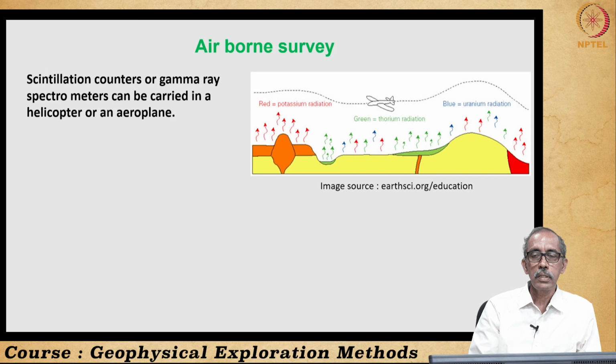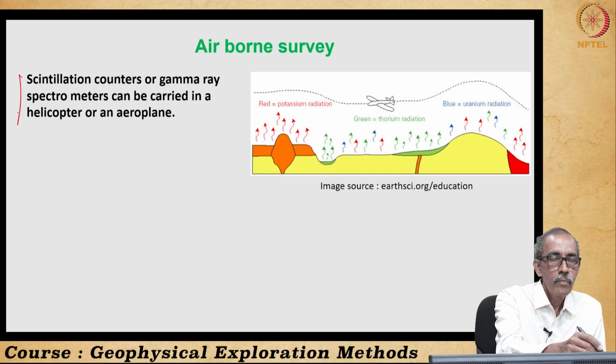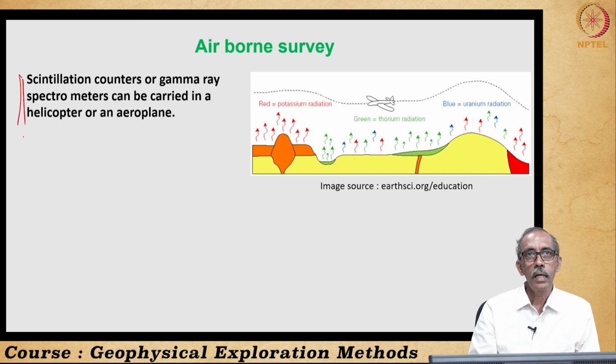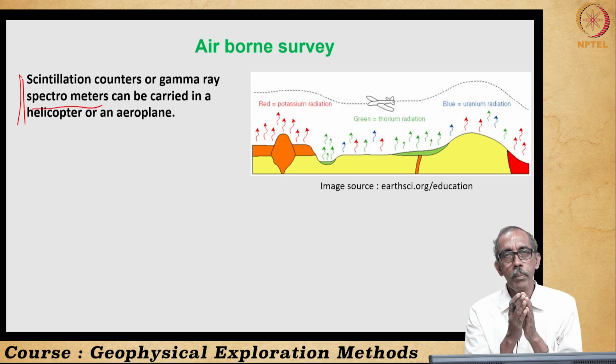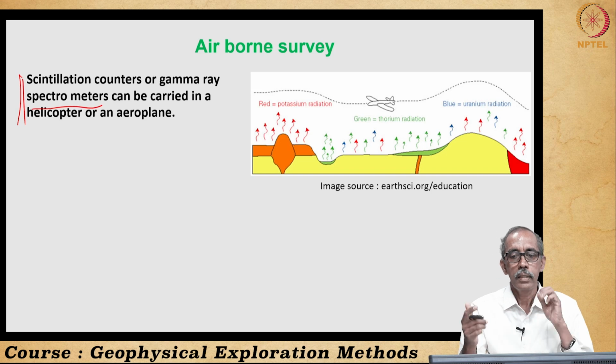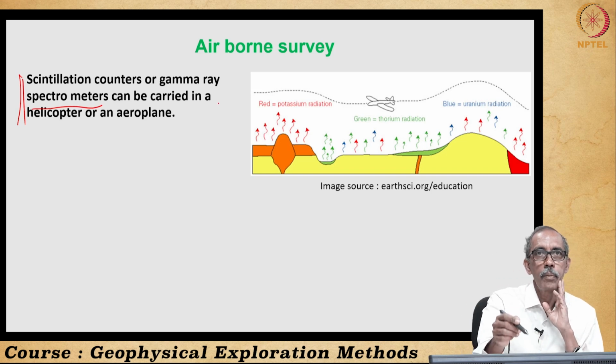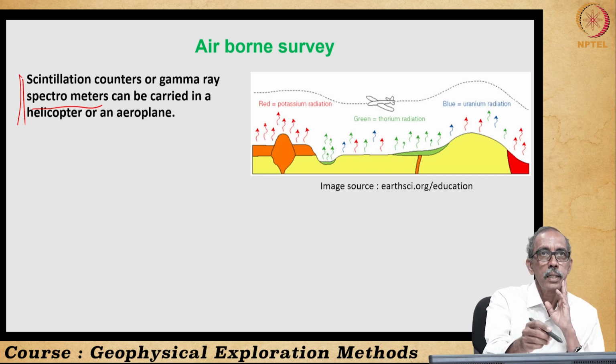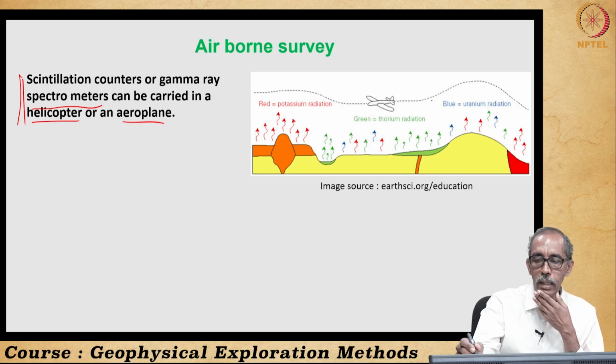In airborne surveys, generally we use scintillation counters or gamma ray spectrometers, right. The advantage of the gamma ray spectrometer is we are able to get the spectrum of gamma rays, right. This is done by carrying a gamma ray spectrometer in a helicopter or in an aircraft. As you can see, an aircraft is flying over the surface of the earth.